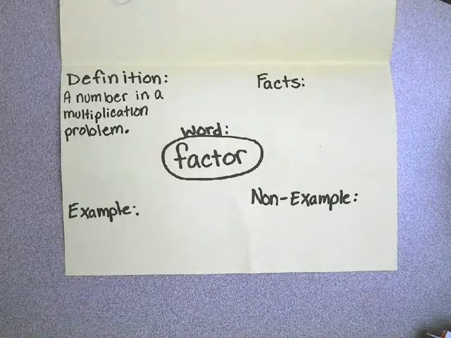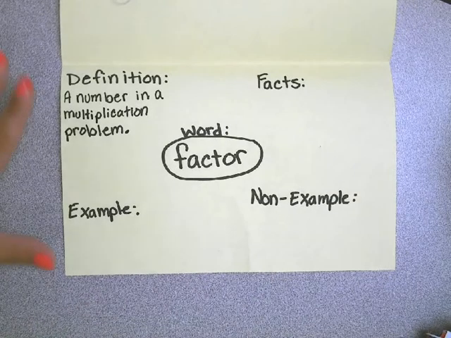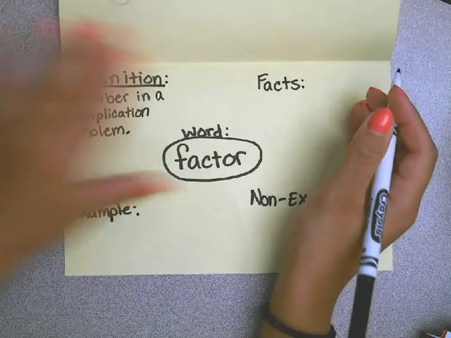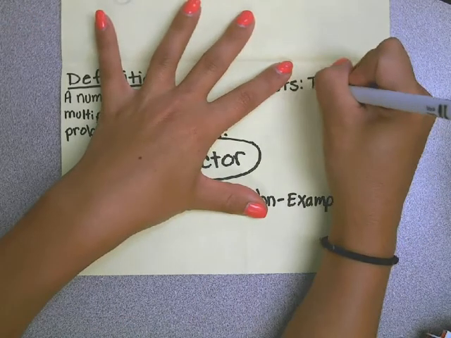Facts about a factor. That it can be any number. It could be any number. I think that's a great fact.